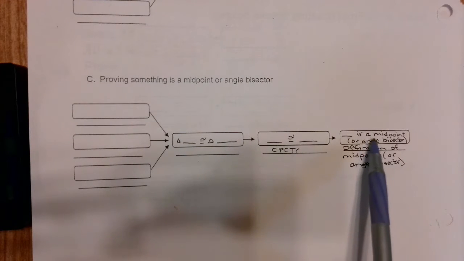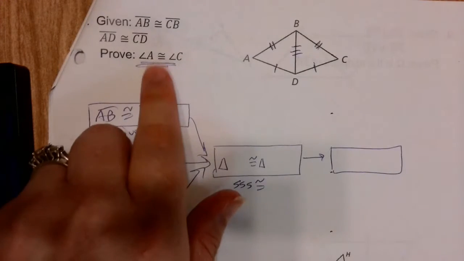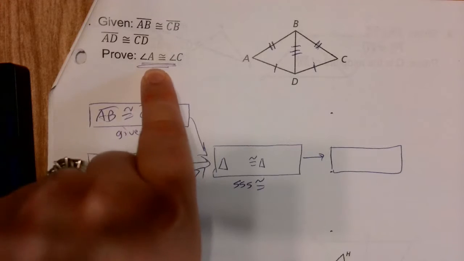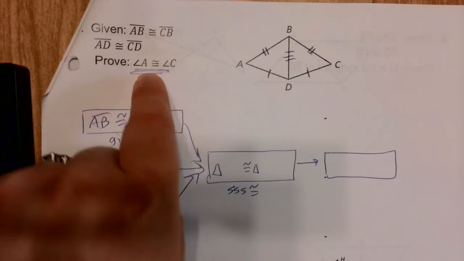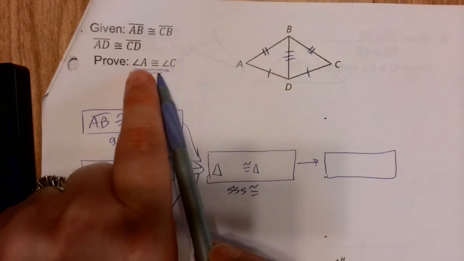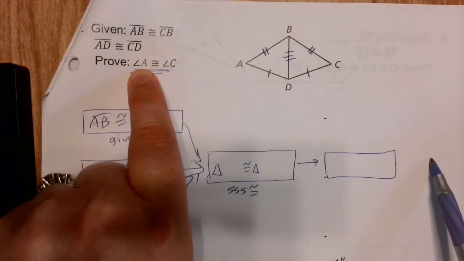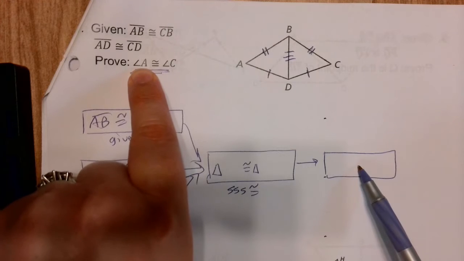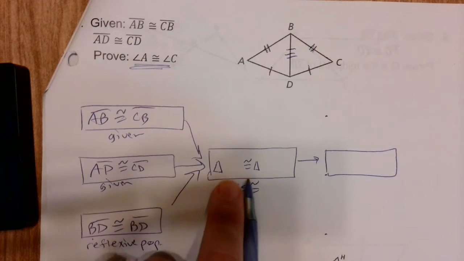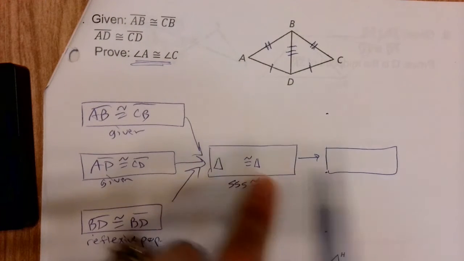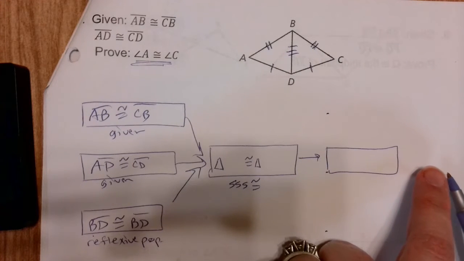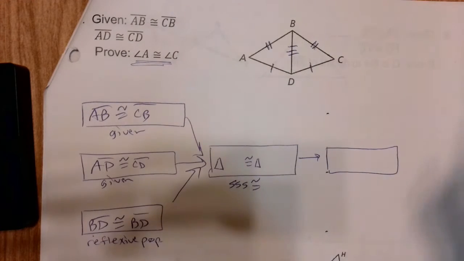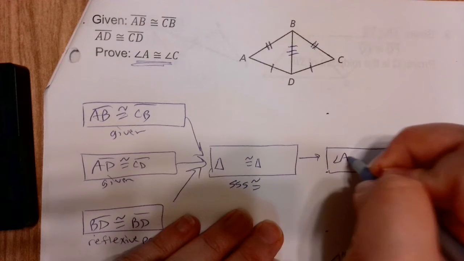Third box is going to say something is a midpoint or something is a bisector. Does this say midpoint? No. Does it say bisector? No. So this cannot go in the third box. It has to go in the second box. By process of elimination, it can't go in the first, because the first has to be triangles. It can't go in the third, because the third has to say midpoint or bisector. So it has to go in the second.